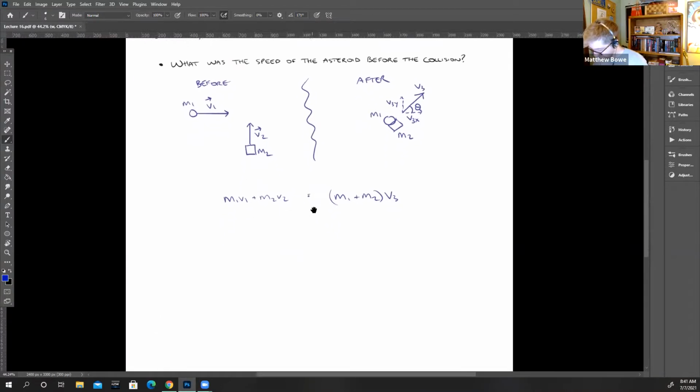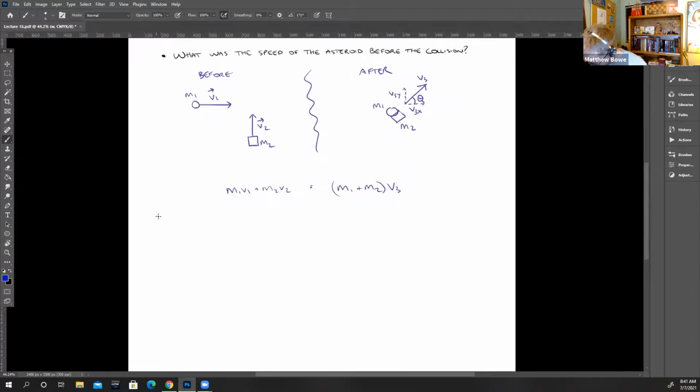So let's look at just the x component, or just the horizontal components. Well, it's all being provided by that first mass, the asteroid, and nothing from the satellite.